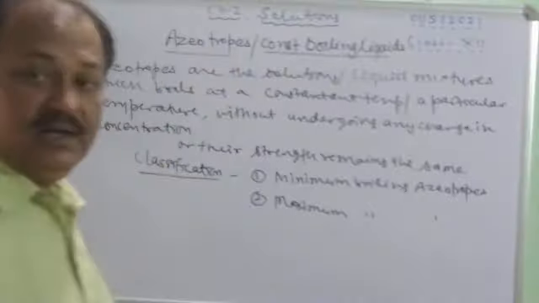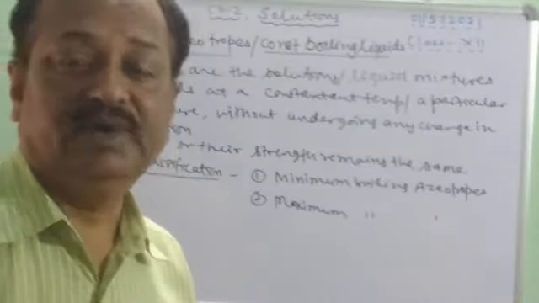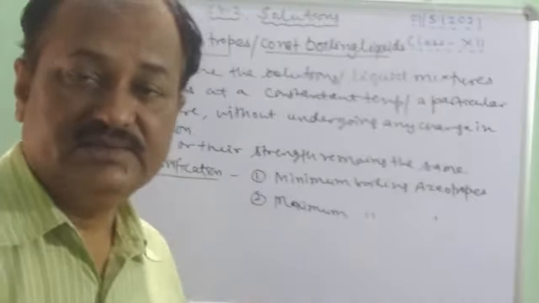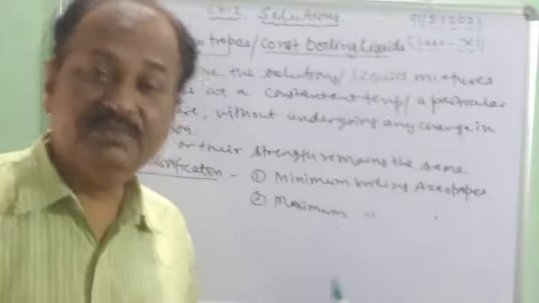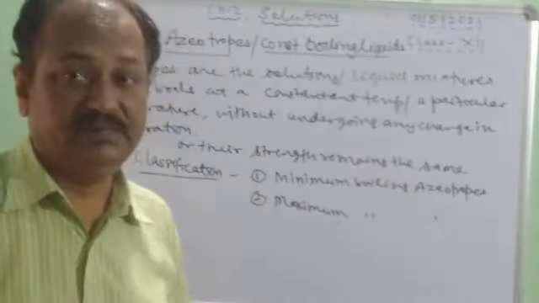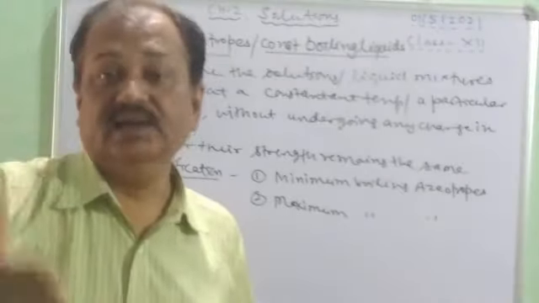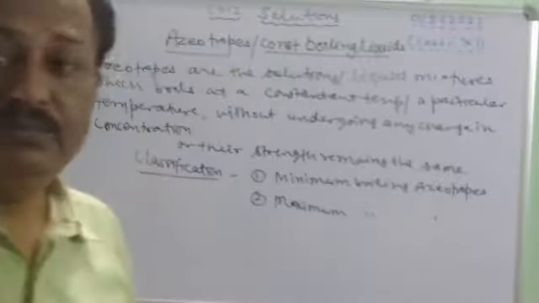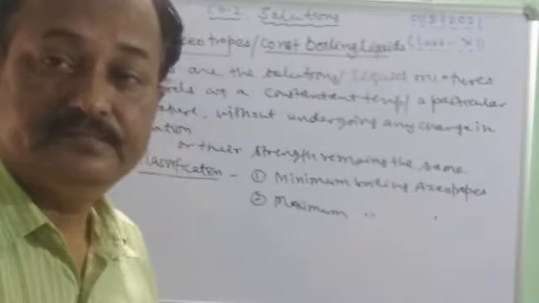We'll take up one by one the reason behind their tendency, that in the first condition it boils at minimum temperature. Minimum boiling means it boils at a minimum temperature, and maximum boiling means it boils at a high temperature. Now we'll take up one by one with their reasons and their examples.